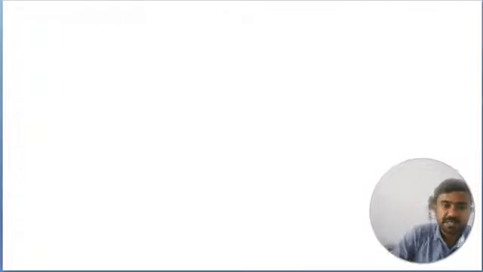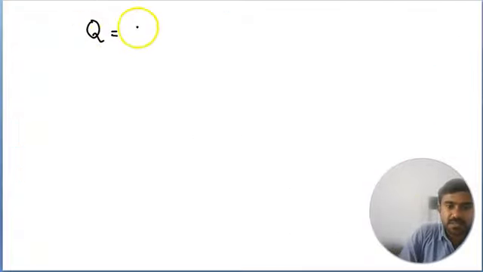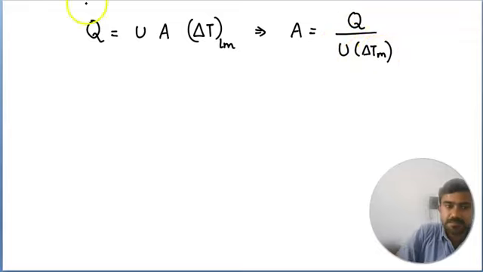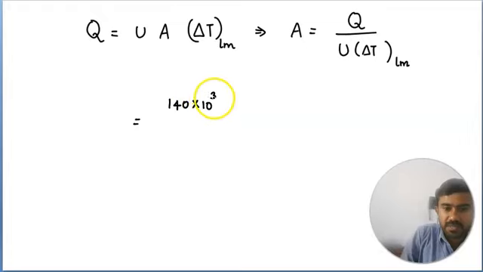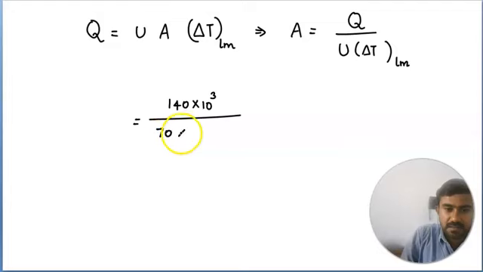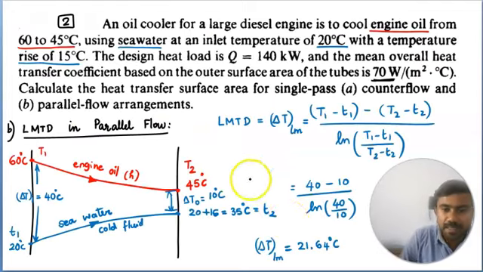So in parallel flow, the delta Tm is 21.64 and we can find the heat exchange area using the fundamental equation in LMTD. Q equals UA into the LMTD, which means the area of the heat exchanger, that's what we want, is Q by U into LMTD. We know the heat transfer Q is 140 kilowatts, 140 into 10 power 3 watt, divided by the overall heat transfer coefficient, which is given as 70 watt per meter square per degree Celsius, and we found the LMTD to be 21.64.